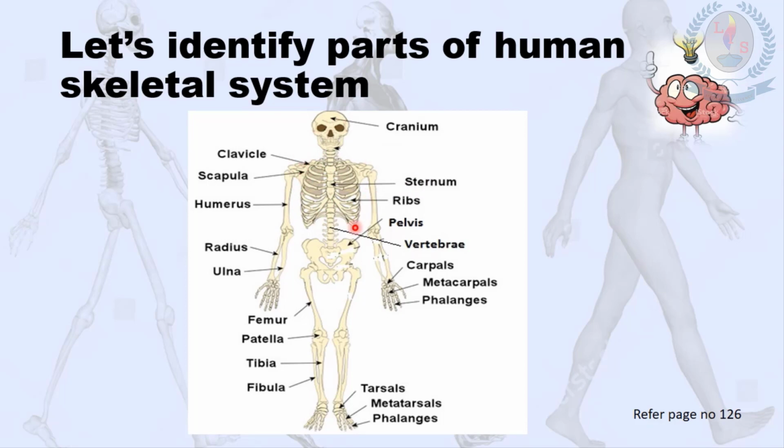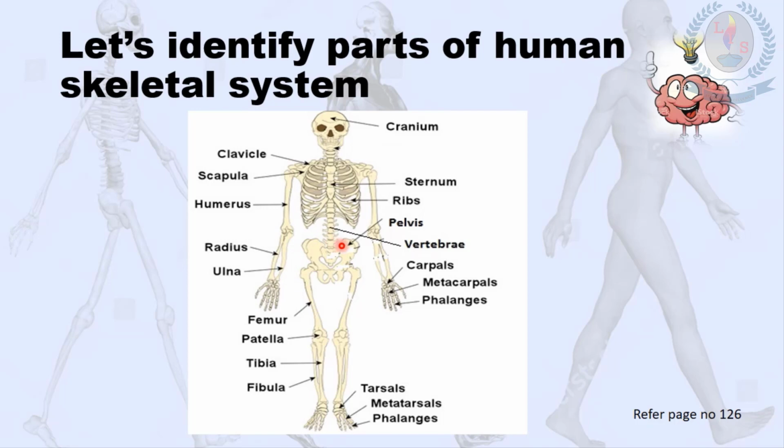Here is the box-like structure composed of 24 ribs. We call this whole structure the rib cage, and each bone is called a rib.